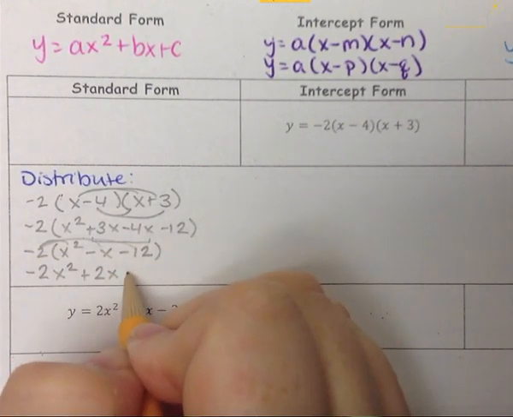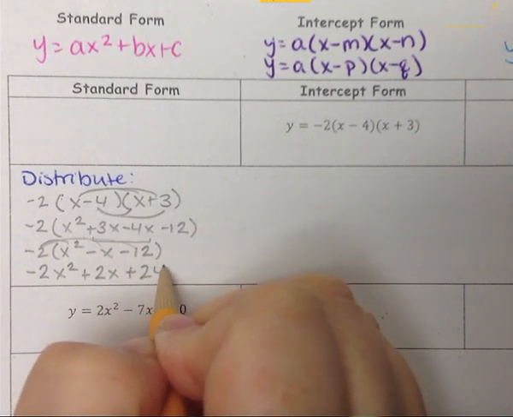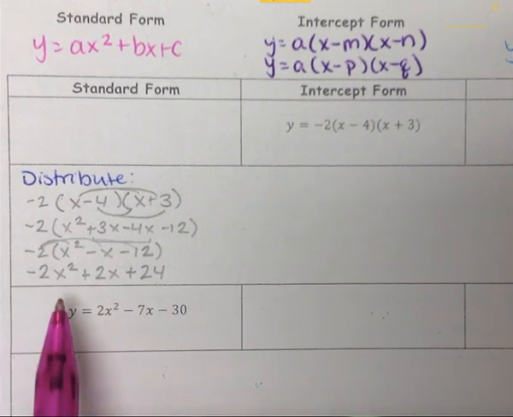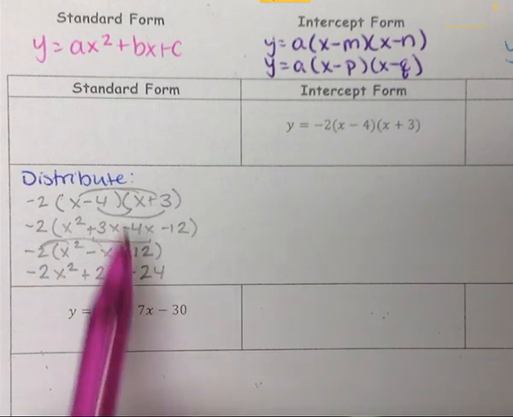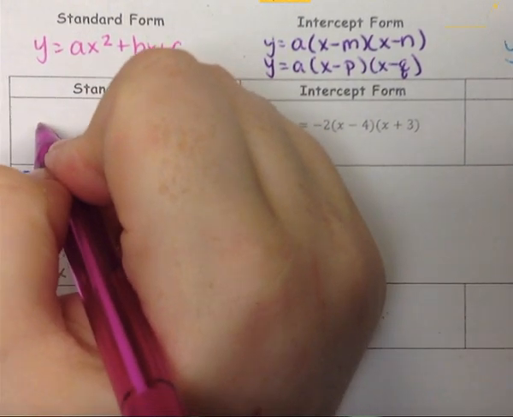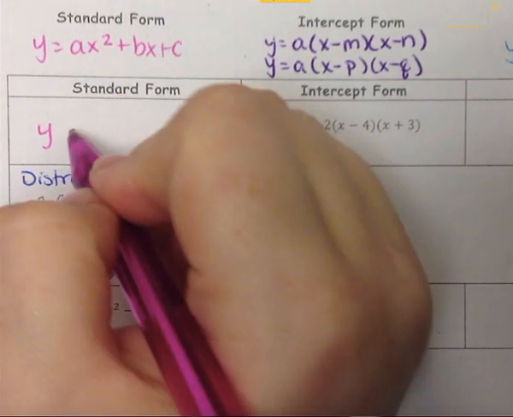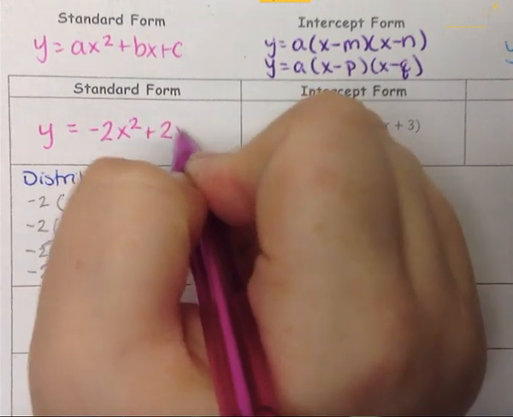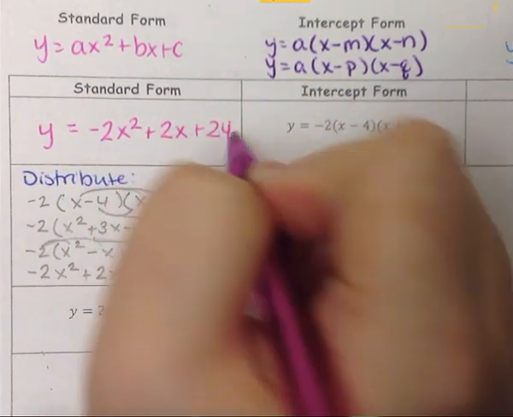And then negative 2 times negative 12 is positive 24. This has no parentheses. It is in exponent order from the highest to the lowest. This is in standard form. So our standard form of this equation would be y equals negative 2x squared plus 2x plus 24.